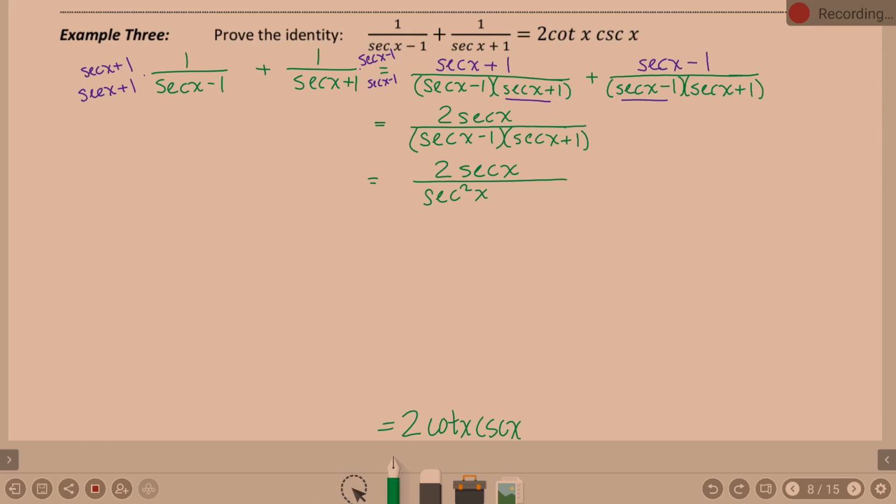Outsides, secant x times 1 is 1 secant x. Insides, negative 1 times secant x is negative 1 secant x. So what happens with my outsides and my insides? They're going to cancel. And then last, minus 1 times positive 1 is minus 1.